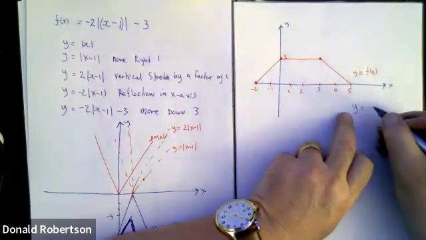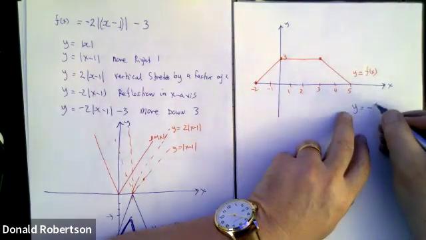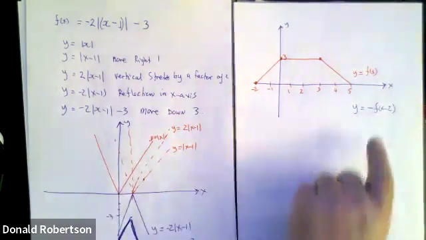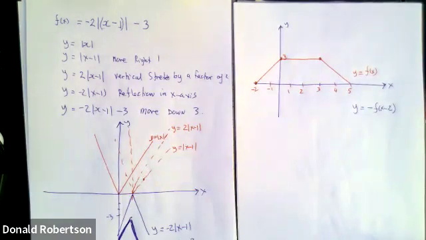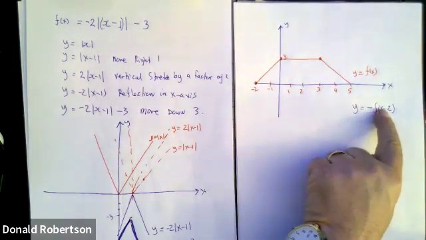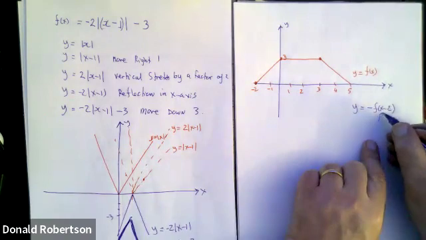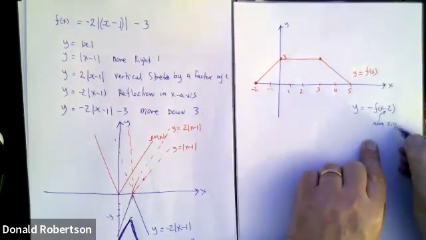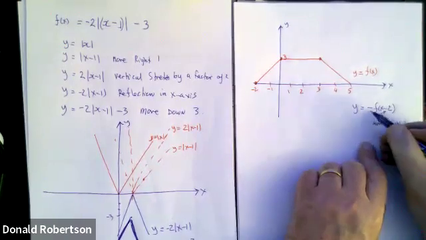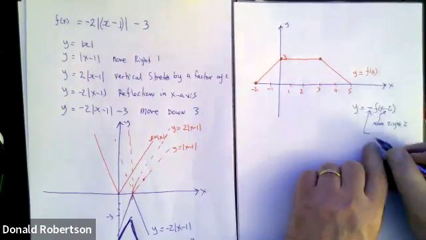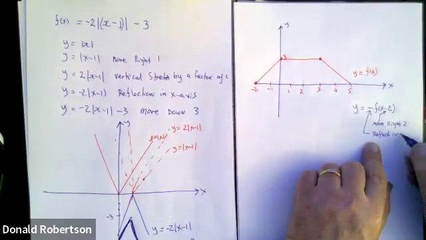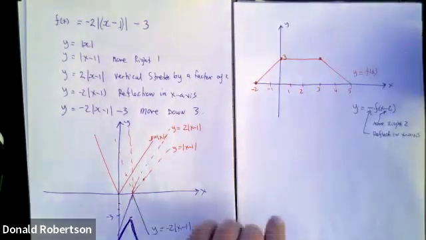And let's say the transformation is f of negative x minus 2. Right? So what does that look like? Well, that is move to the right 2. And that guy is another one of those reflect in the x-axis. So let's try this guy.